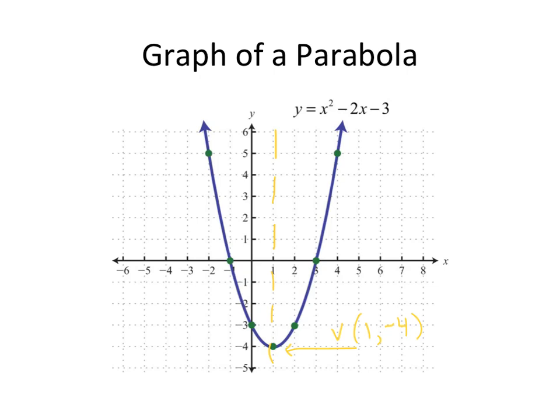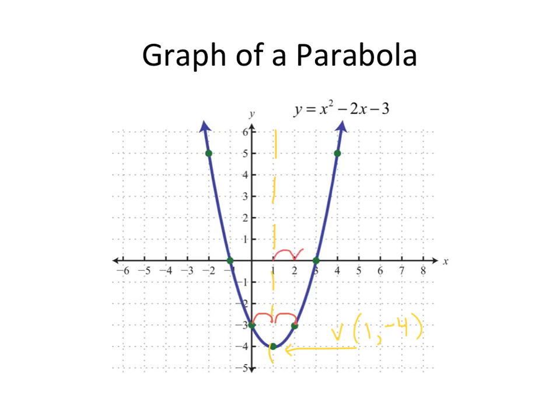So from this graph, we're actually able to see very easily that this axis of symmetry divides this parabola completely in half. We can see it right here on these 2 points at the bottom. This first point is 1 unit away from the axis of symmetry. If I go count units to the other side, it's 1 unit also.